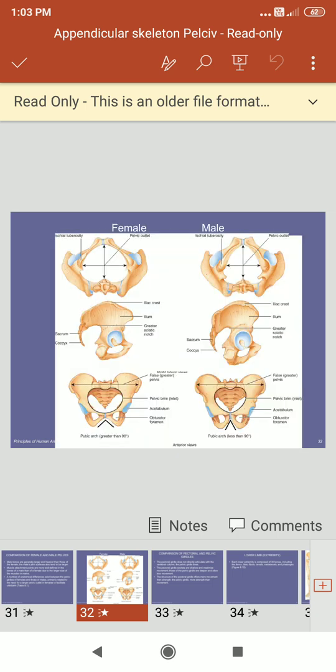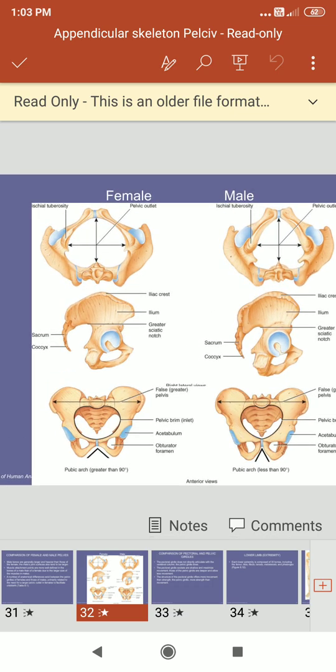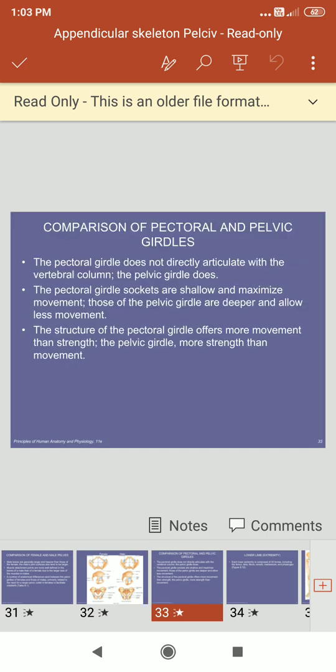You can see and observe the anterior view of these bones from the male and female. Comparison of the pectoral and pelvic girdle: the pectoral girdle does not directly articulate with the vertebral column, the pelvic girdle does.